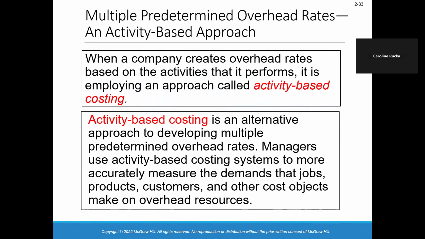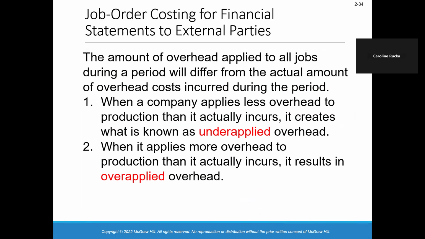This is an alternative to developing multiple predetermined overhead rates like we did in the last example. Managers use this ABC system to accurately measure the demands that jobs, products, and customers make on the overhead resources.